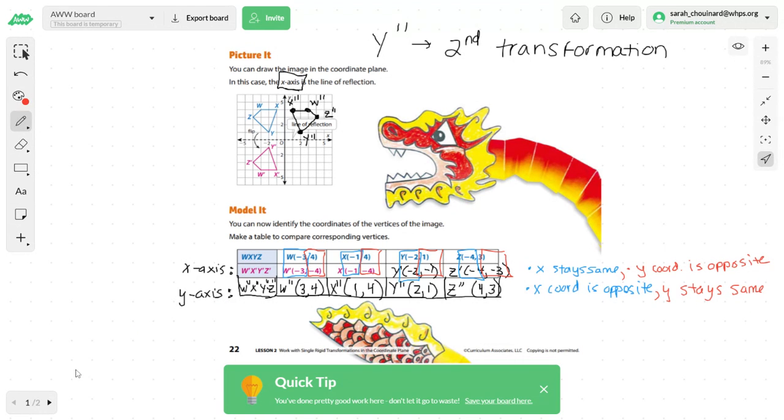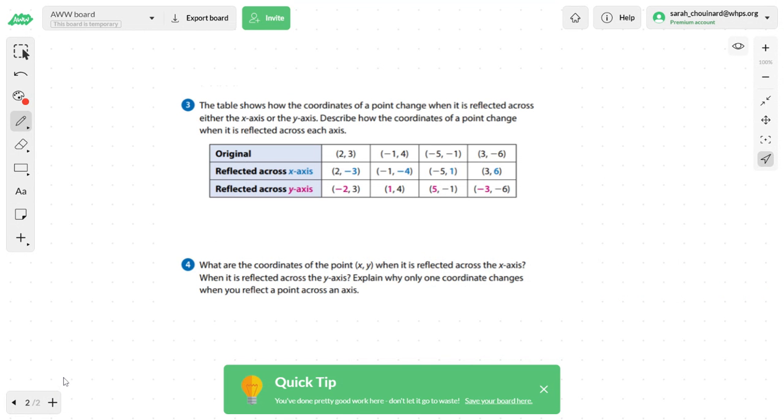So let's look at the next page, page 23. So I'm skipping 1 and 2 because that's what we just did on page 22. And I'm just going to look at question 3. And we are going to see the same thing that we just said. This is our pre-image: 2, 3, negative 1, 4, negative 5, negative 1, 3, negative 6.